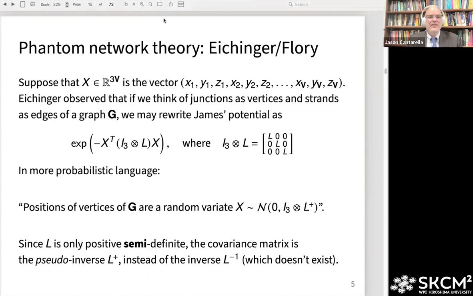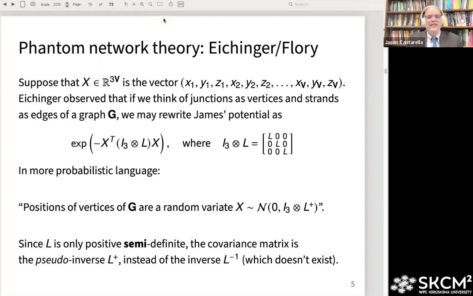And when Eichinger noticed that, he immediately rewrote James' potential. So he rewrote it in the following formal looking way, which turns out to be really useful. He said, okay, we'll stack the X, Y, and Z coordinates of all the junction points, and we'll make a longer vector, 3 times as long.